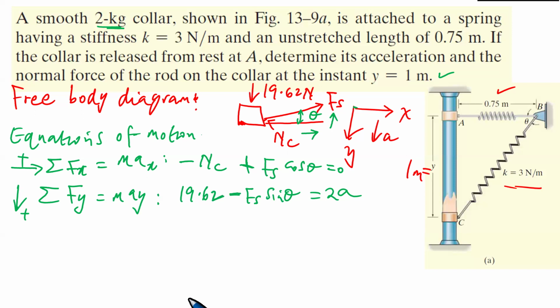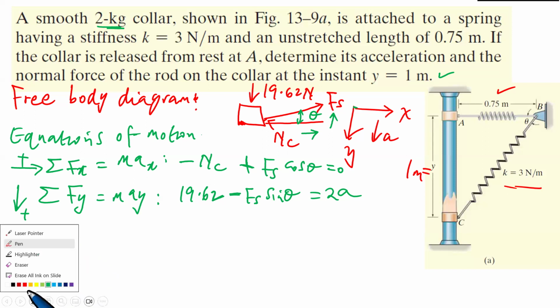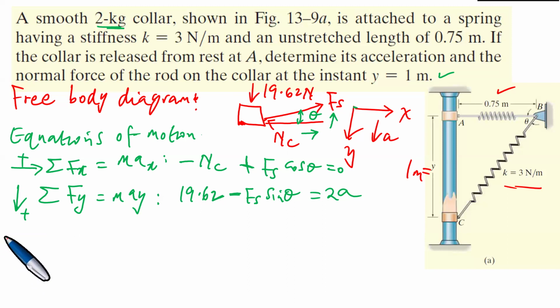Now, there are a couple of things that are very important for us to take into account. There's something we call the magnitude of the spring force. What is the spring force?